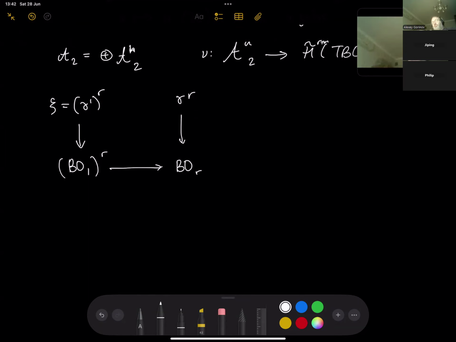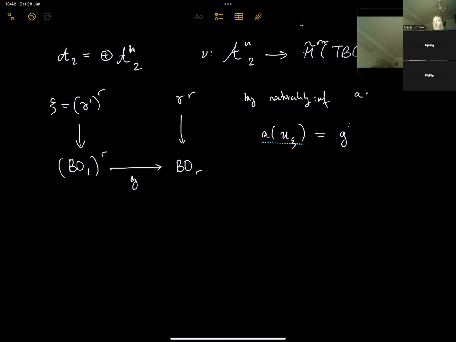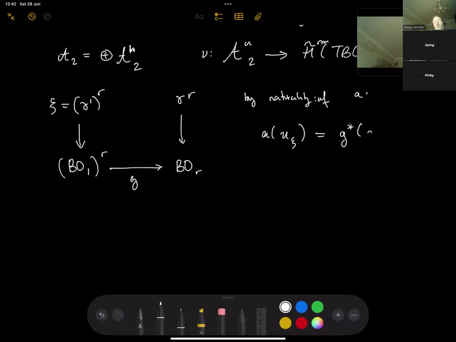So by naturality of A, we get A U psi, where U psi is the Thom class of psi, equal to, let's call this map G, the pullback G star of U. Now, if A of U is equal to 0, then this is also equal to 0.